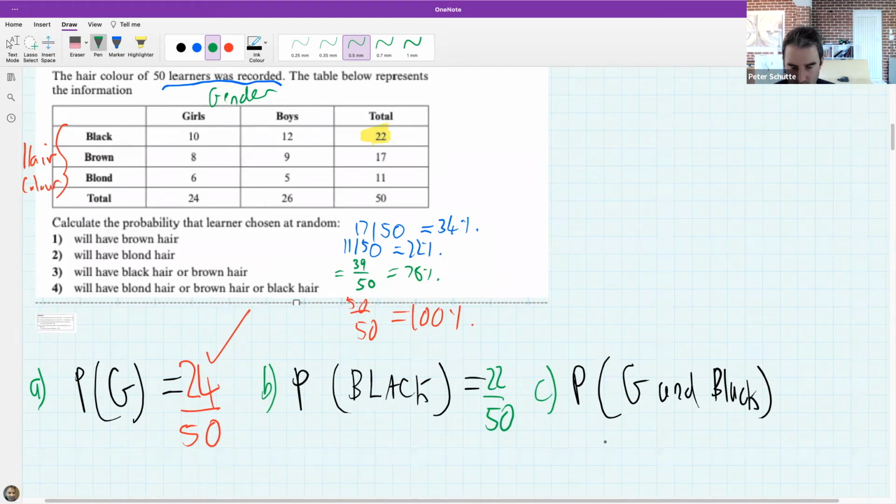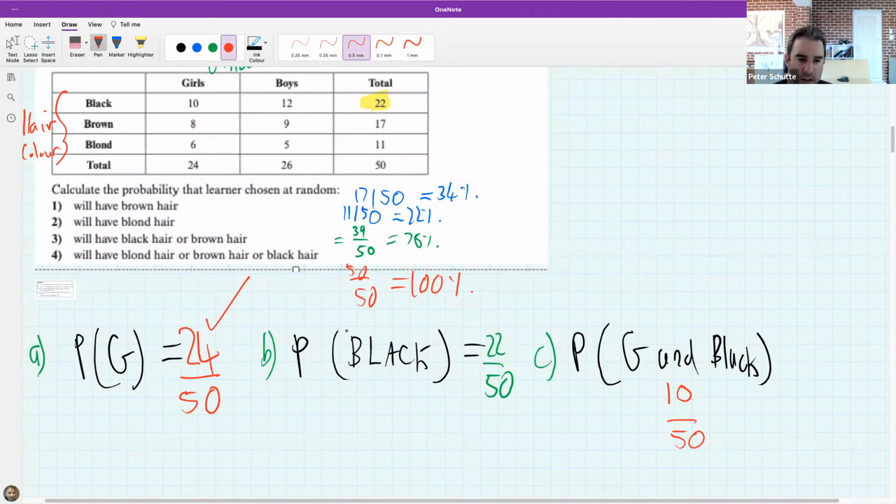Okay, now last one. What is the probability that a randomly chosen person is a girl and has black hair? It's just going to be 10 out of 50.